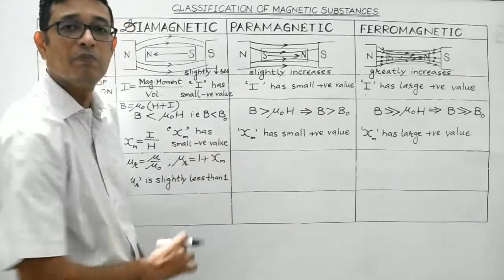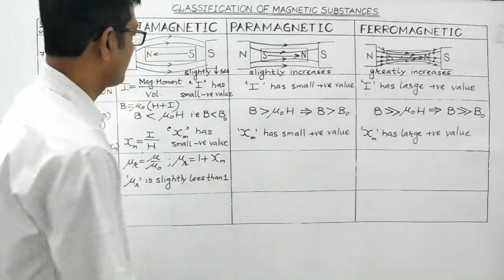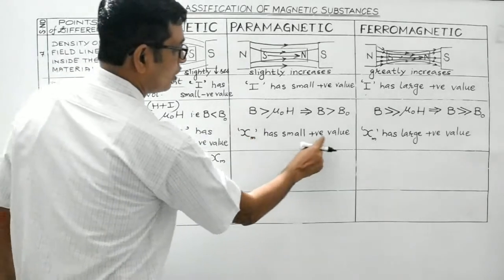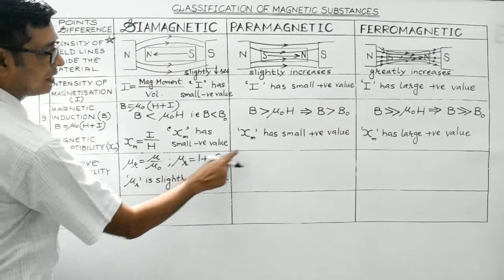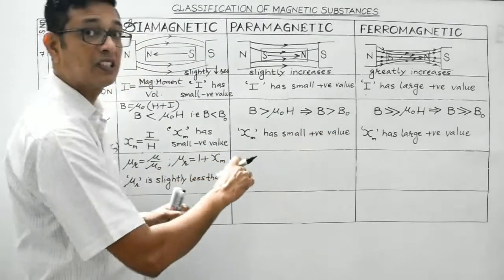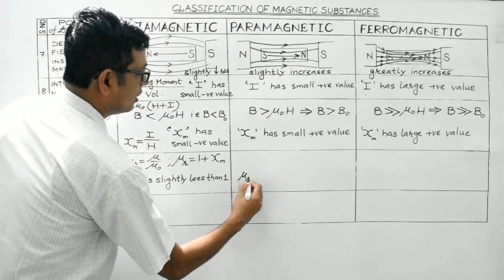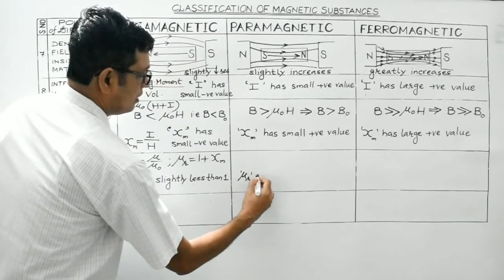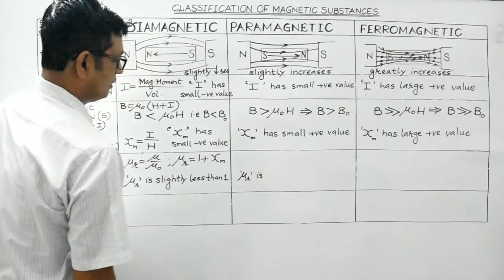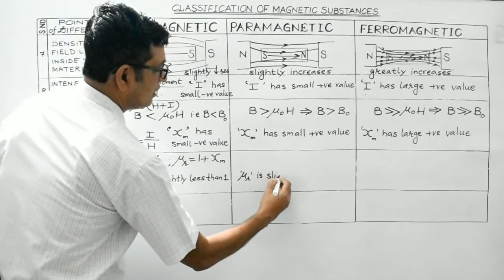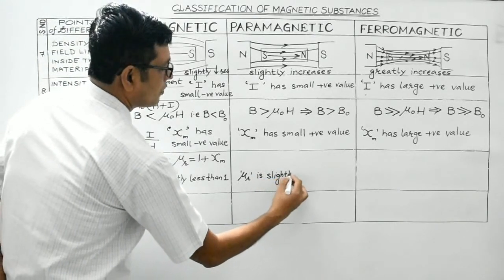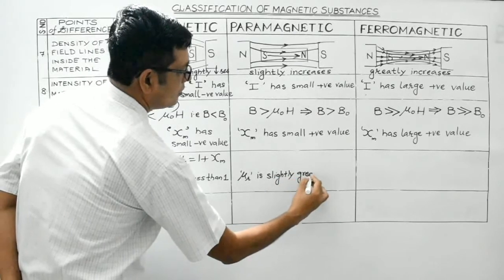Just make use of these mathematical expressions, right? While in this case, chi m has got small positive value. So its value would be slightly greater than 1. So mu r for para is slightly greater than 1.